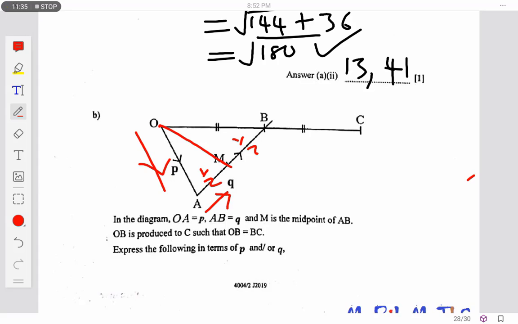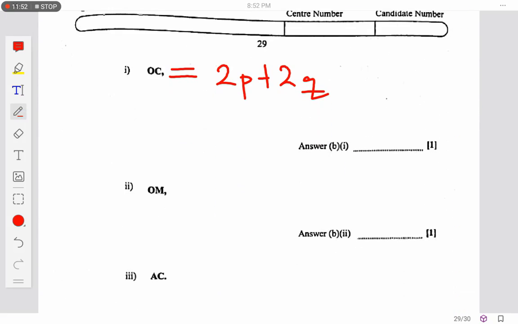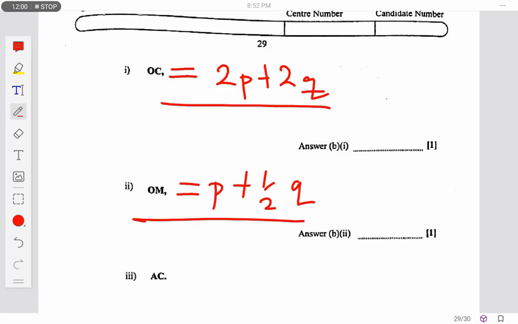So our OM is going to be equal to OA plus half AB. So it's going to be P plus half of Q. Okay, so this is our answer. OM is equal to P plus half Q.